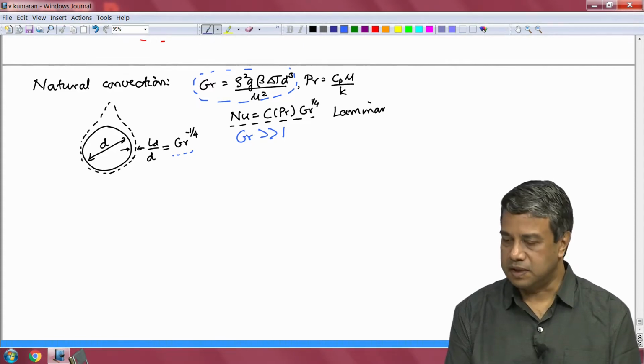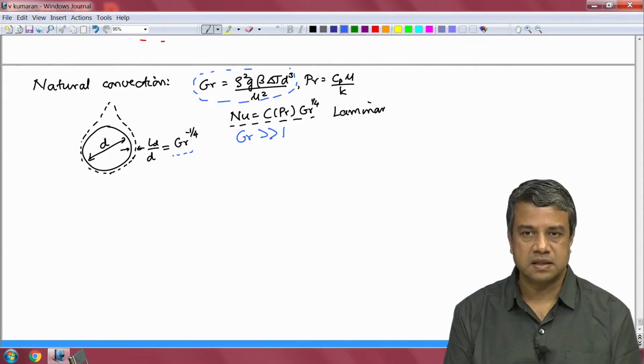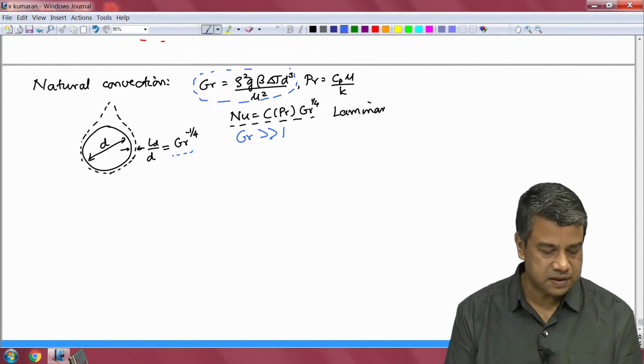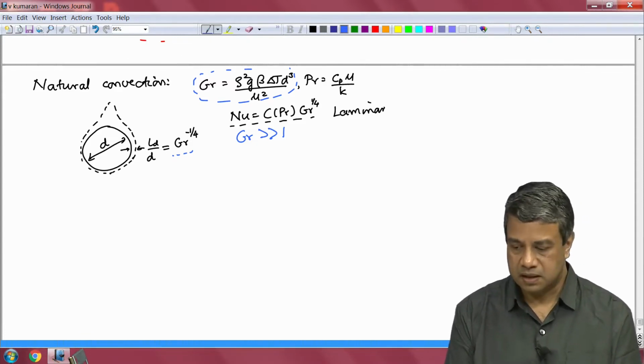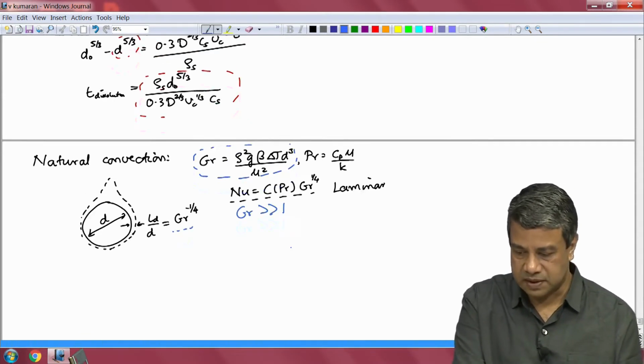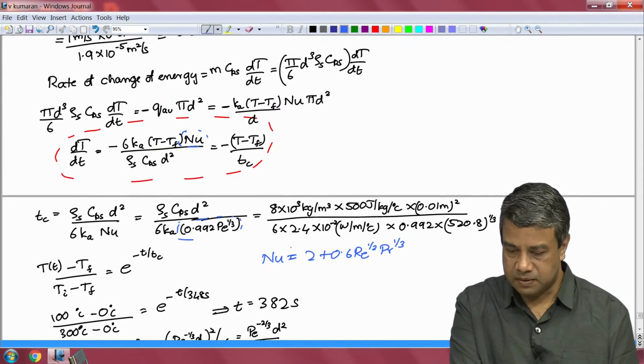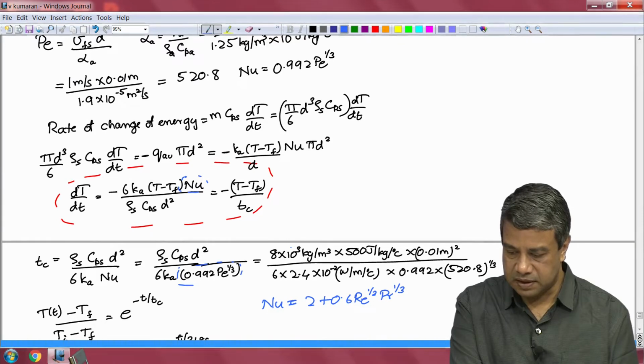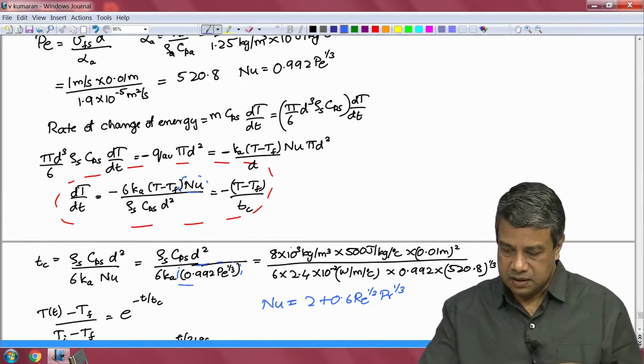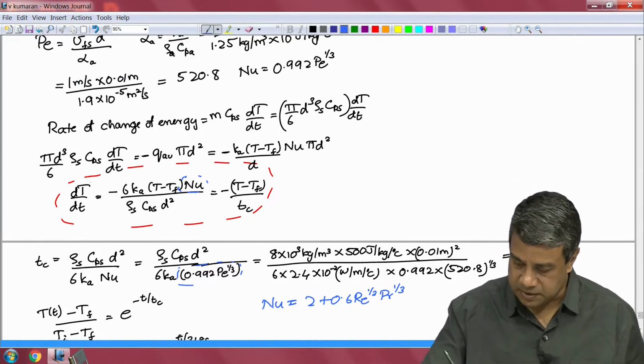So, I will not go into the details of the calculation. I will just indicate to you what the differences are in the calculation between this problem and the natural convection problem. In the natural convection problem, you recall for heat transfer from a sphere, this is what we had got for the temperature profile.